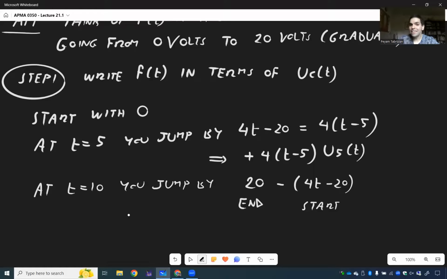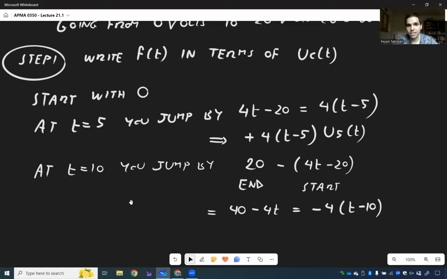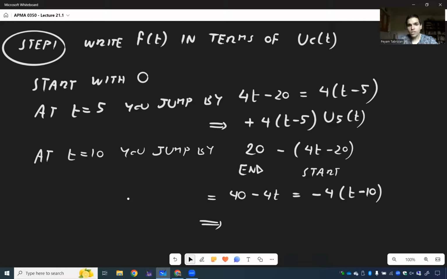Careful, that's not minus 4t. It's 40 minus 4t. And remember, you have to write this in terms of t minus 10. So it becomes minus 4(t minus 10). That's in order to use our formulas where the exponential term comes out. So what this implies is for t equals 10, you subtract a 4 times (t minus 10) u10 of t.